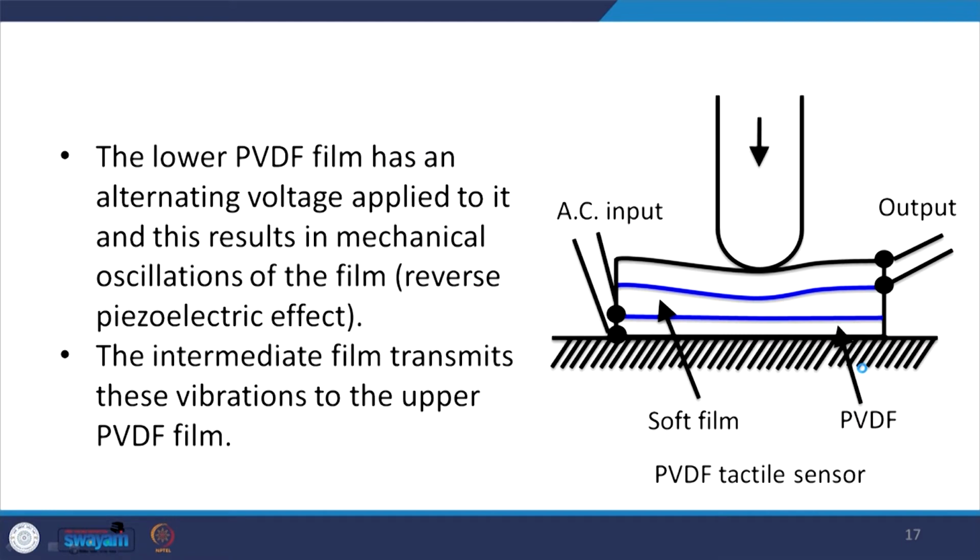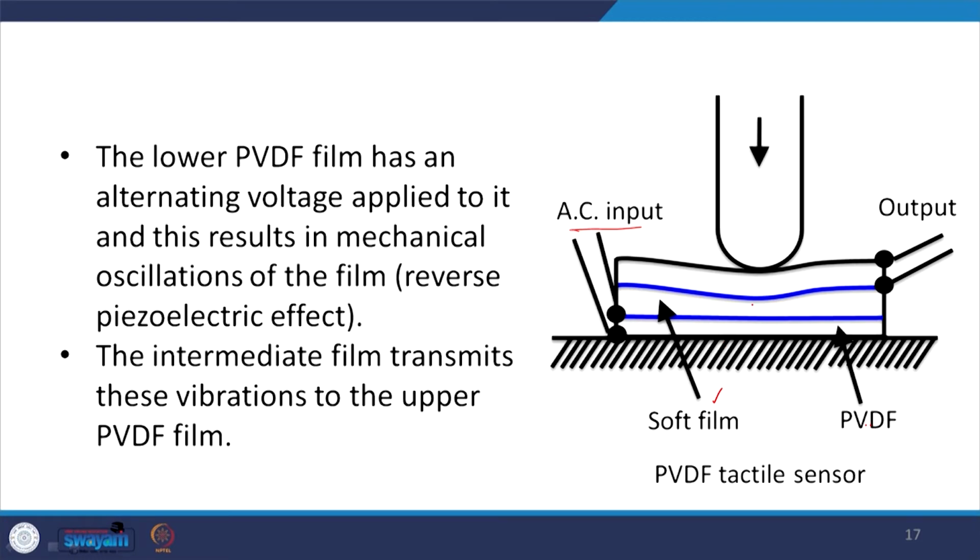Now, let us look at the working principle of it. The lower PVDF film has an alternating voltage applied to it, and this results in mechanical oscillations of the film because of the reverse piezoelectric effect. These oscillations are transmitted to the upper film with the help of the soft film.